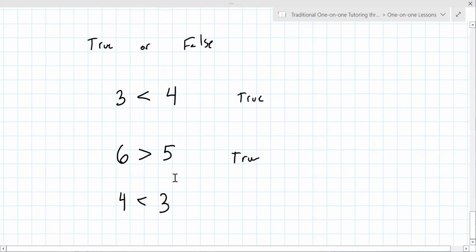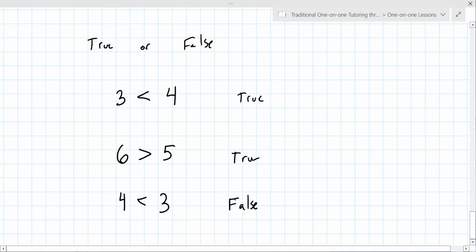True. Okay, go ahead and read it out loud. 4 is less than 3. Do you want to change your answer? 4 is greater than 3. So this would be false.